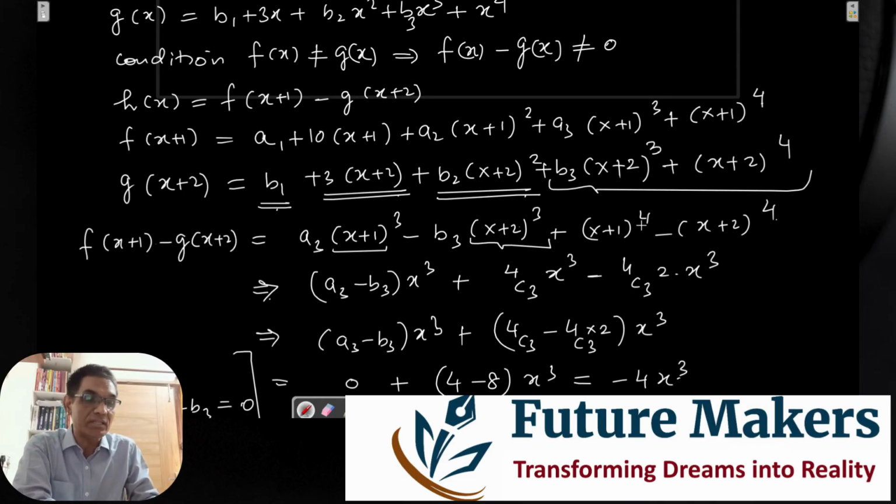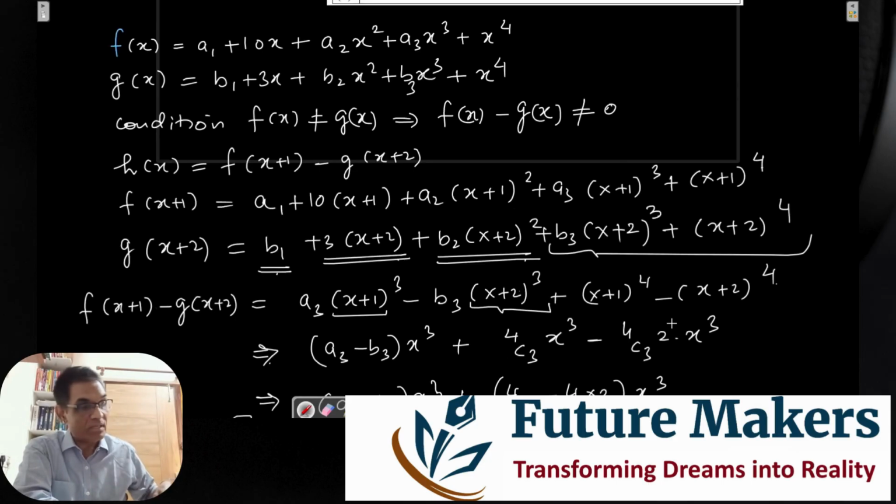You will get 4C3 x cube, the term which involves x cube. Similarly, (x plus 2) whole power 4 will give 4C3 times 2 into x cube. Now it comes to (a3 minus b3) x cube plus (4C3 minus 4C3 into 2) x cube.